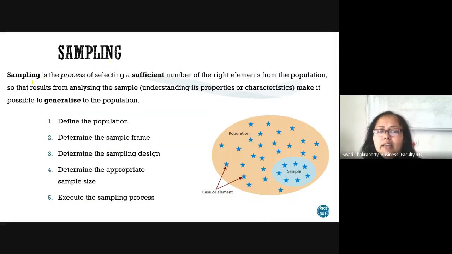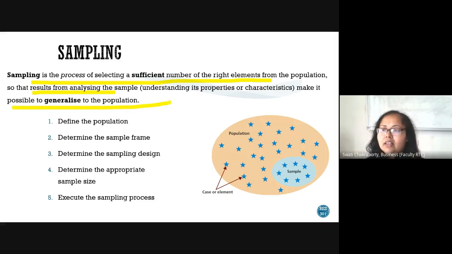So sampling is the process of selecting a sufficient number of the right elements from the population so that the results from analyzing the sample, that is, understanding its properties and characteristics, make it possible to generalize to the population. So we analyze the sample, and from there we should be able to come to a conclusion about the entire population.